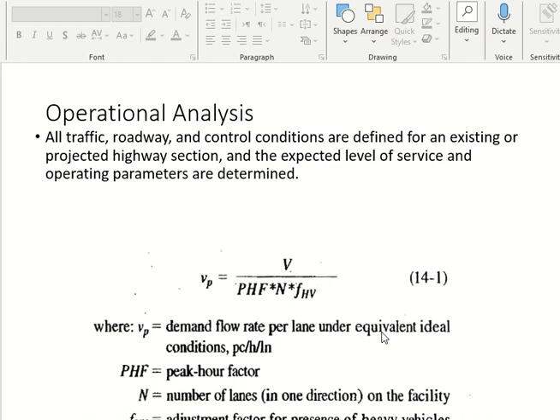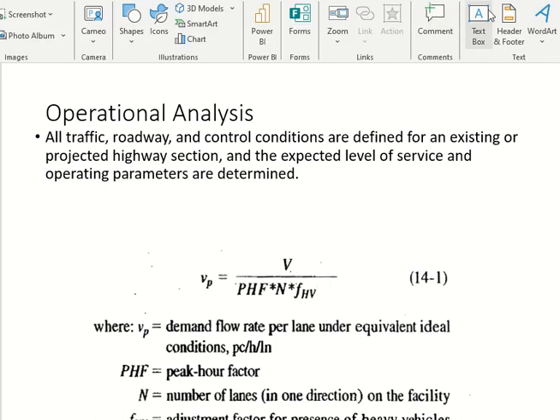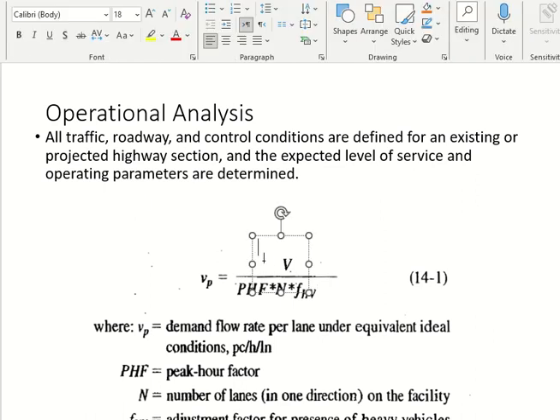Tell me. This is what, up or down? 1767 passenger cars per hour.